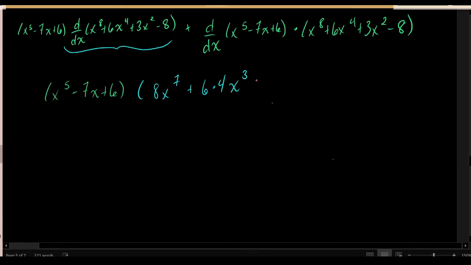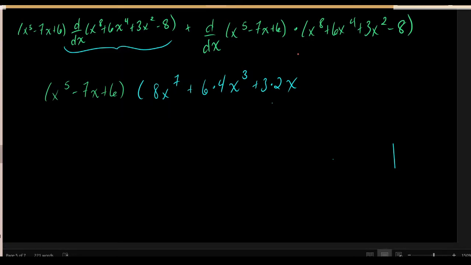Then 3x squared: the 2 will come down and will be multiplied by the 3, 3 times 2, x to the first power. And the derivative of the constant negative 8 will become 0 and will vanish.